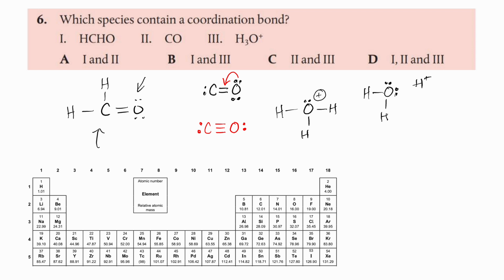And what happened was this oxygen donated its lone pair as a bond between the oxygen and the hydrogen, which formed this H3O plus. So both CO and H3O plus have your coordination bond, which means C would be your answer in this case.